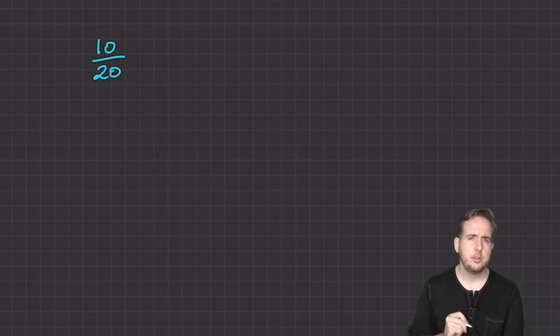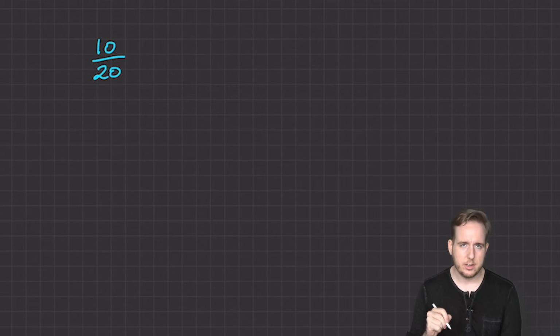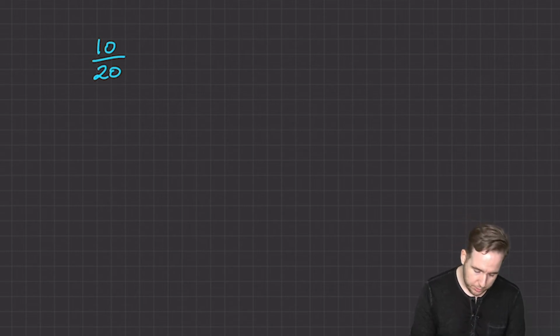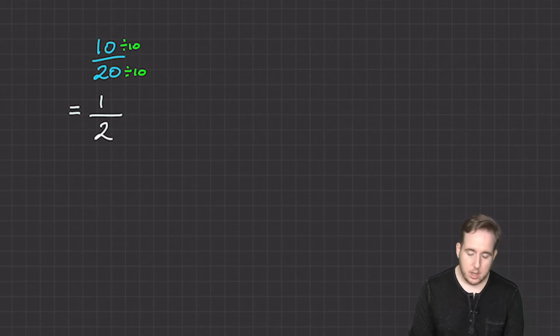And I said we never use the divide sign. I like to use it as a kind of scribble note to myself where I explain what I'm doing. So I do divide by 10, divide by 10, and 10 divided by 10 is 1, 20 divided by 10 is 2, so 10 over 20 is the same as 1/2.